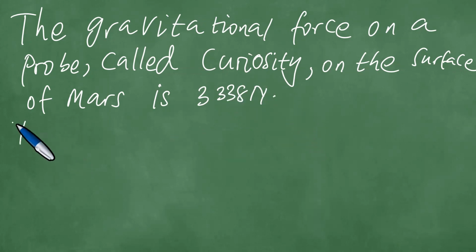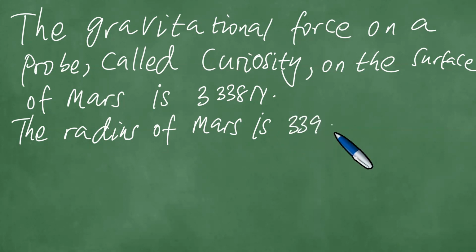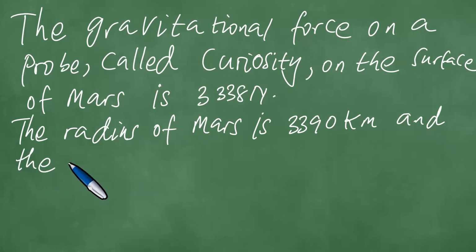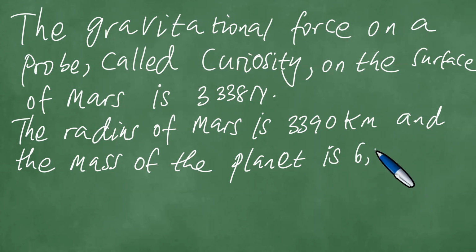The radius of Mars is 3,390 kilometers, and the mass of the planet is 6,39 times 10 to the 23 kilograms.